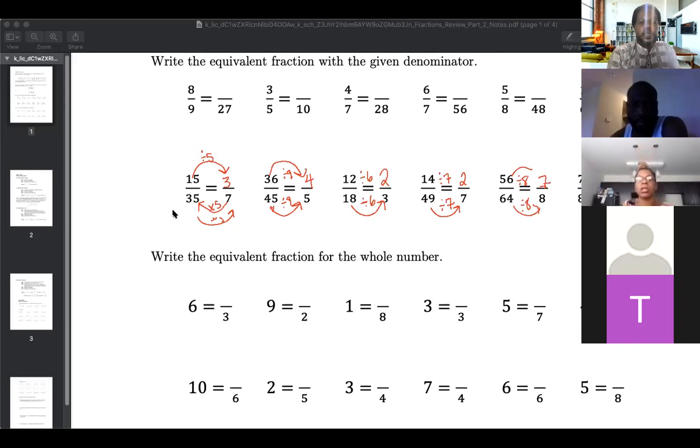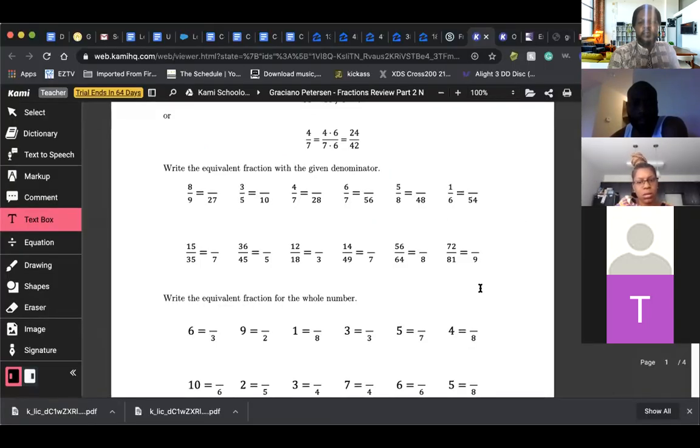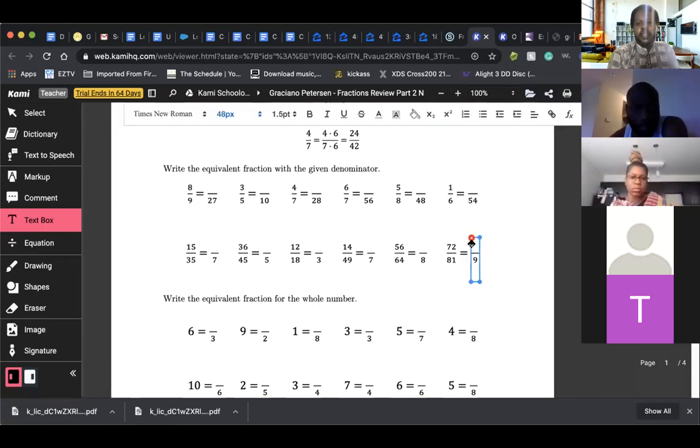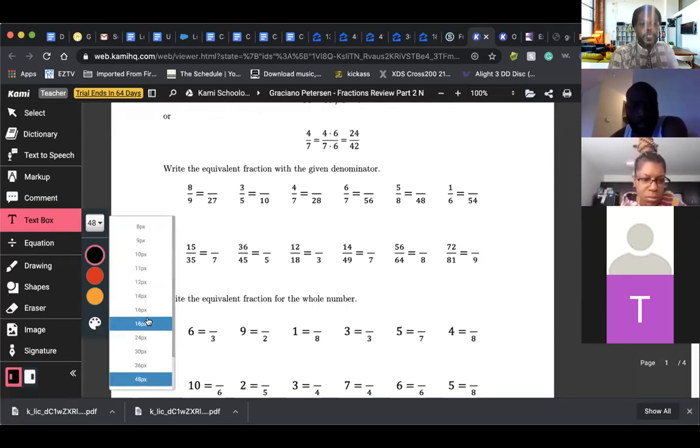So, okay. Let's write mine down because I can't do this. Let's keep doing this. I will share my screen again. Let's keep going back. I don't want to do it like this. Okay. So when I'm in my Camtasia and I click the text box, my text box is way too big. So let me make it smaller, first of all.